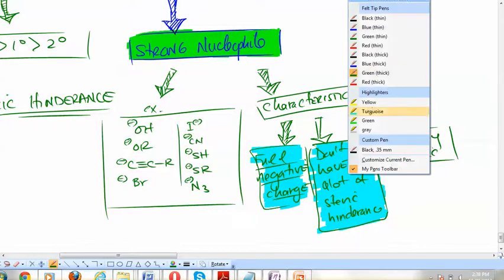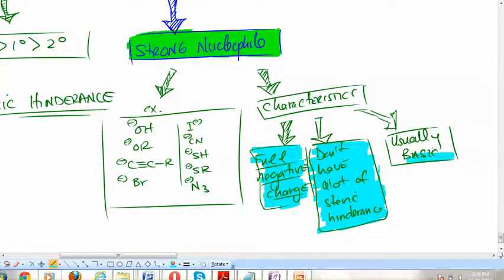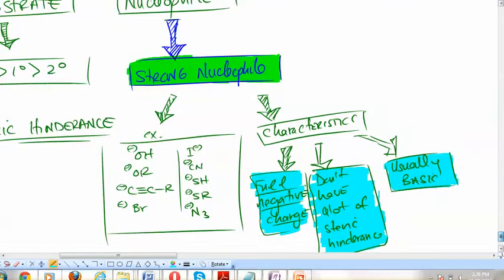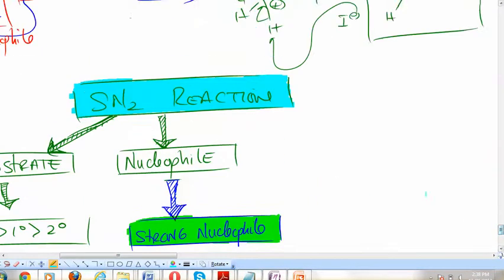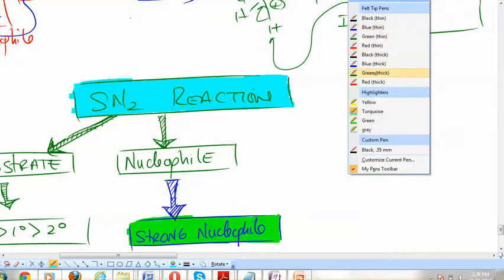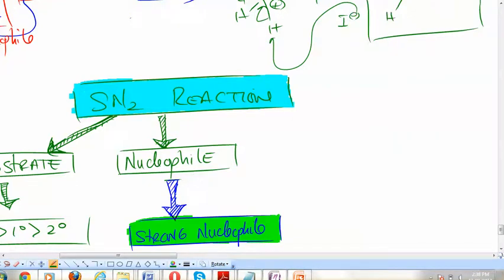So strong nucleophiles generally are strong bases, but that's not always the case. Later down the line, you have to memorize most of these. But we haven't really gotten into how to determine what will happen. We're just going over each individual one.